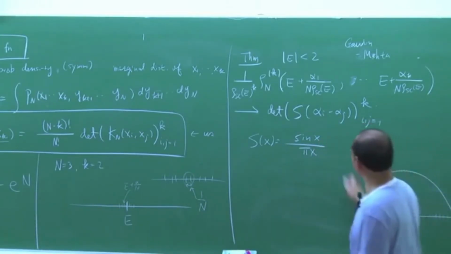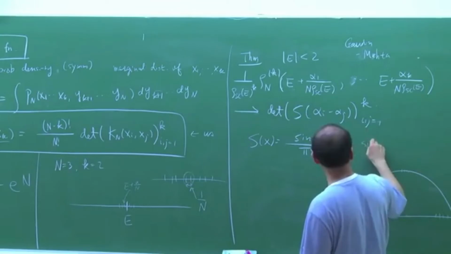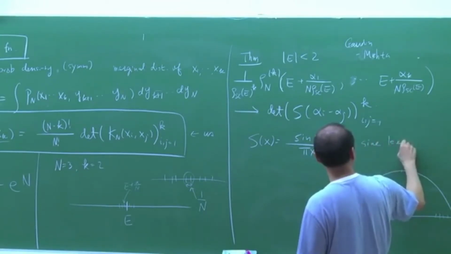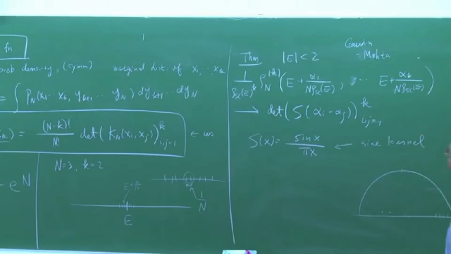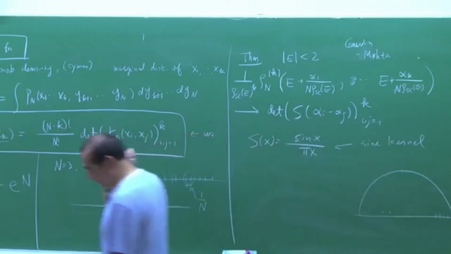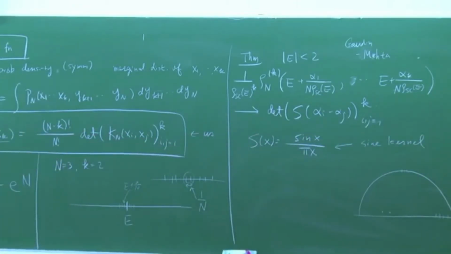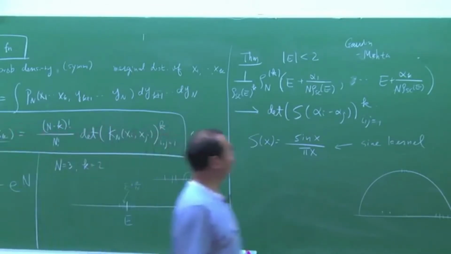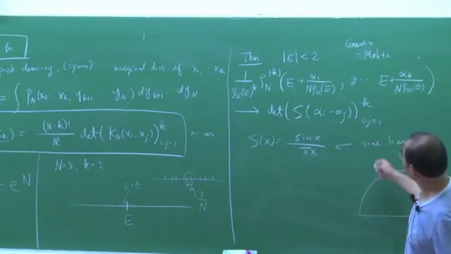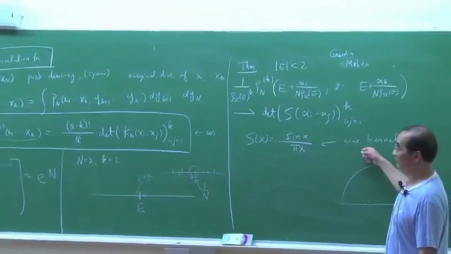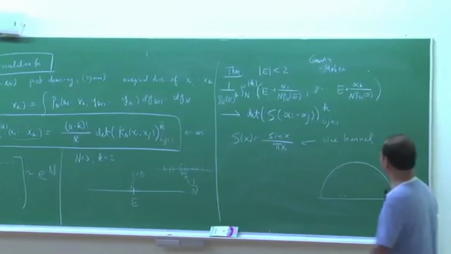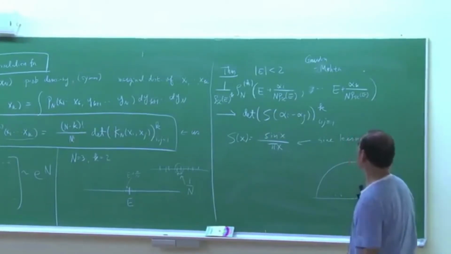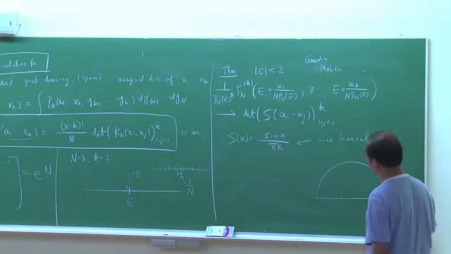This is the famous so-called sine kernel. And this is the one which appears in Montgomery's work on the zero distribution of the zeta function. That's why I was also interested in Montgomery's work, but I don't really know much.